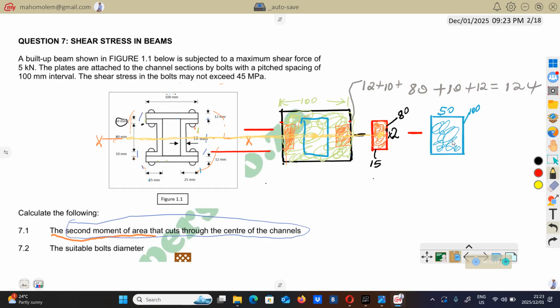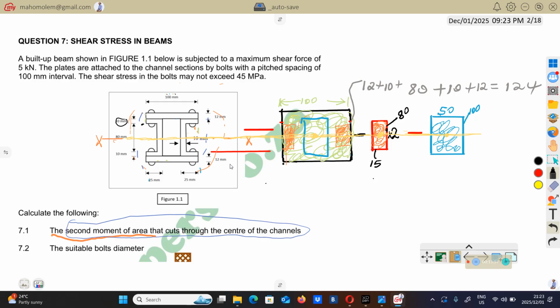Again, the center of this box is somewhere there, in line with this XX line. So what I'm trying to show you is that the centers of all these boxes are on the same level. Therefore, if the center of the composite is on the same level as these individual profiles, then we are not going to have H. So I'm talking about the parallel axis theorem.